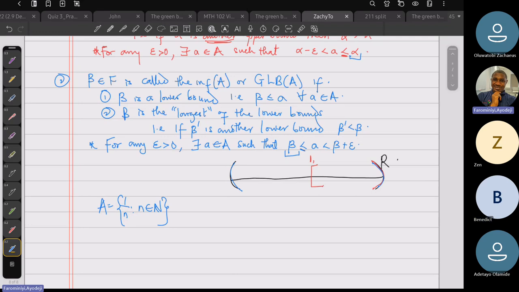That's the largest number you can have. So it has a supremum of 1. It's bounded above by 1. And since the natural numbers go on to infinity, it is bounded below by 0. You cannot get a negative number. So it has an infimum of 0 and a supremum of 1. Okay, good.